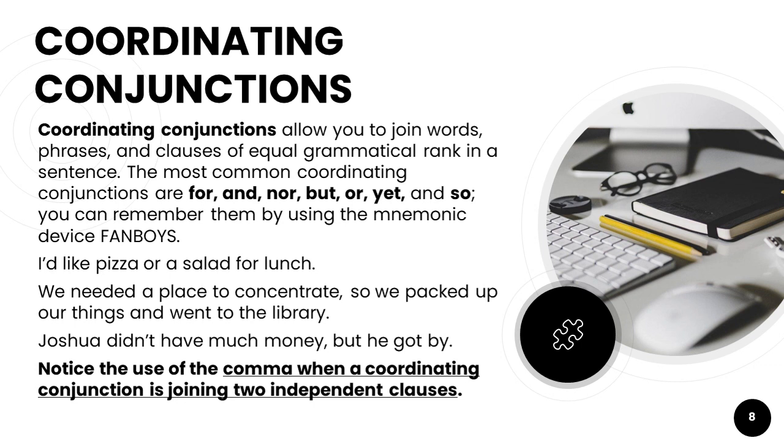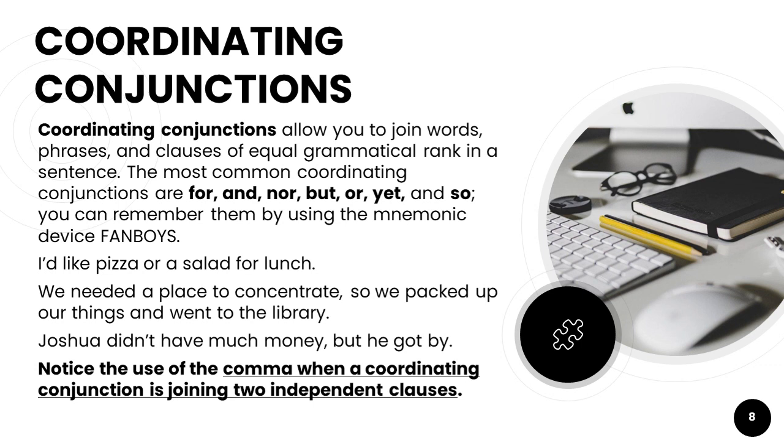That's why both clauses are interrelated. So we use so. Another example: Joshua didn't have much money, but he got by. The first clause is Joshua didn't have much money, and then we put but as a coordinating conjunction, and then the other clause, he got by. When we put them together, we have a very elegant compound sentence.